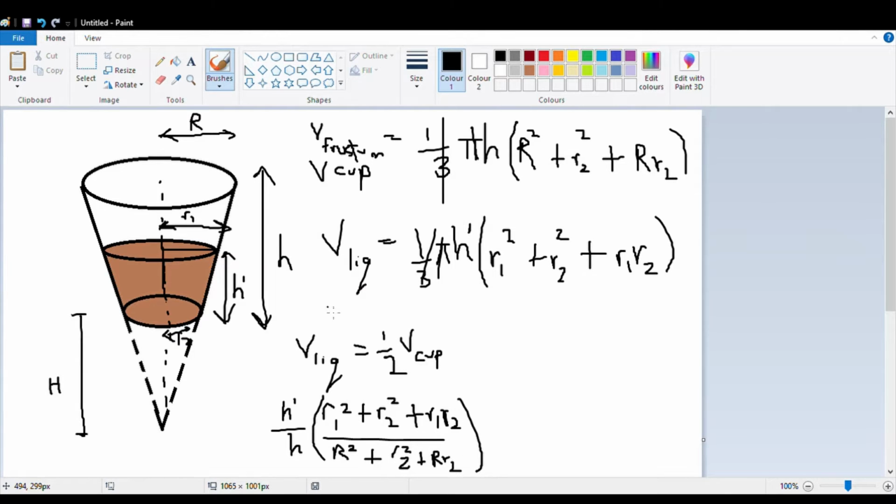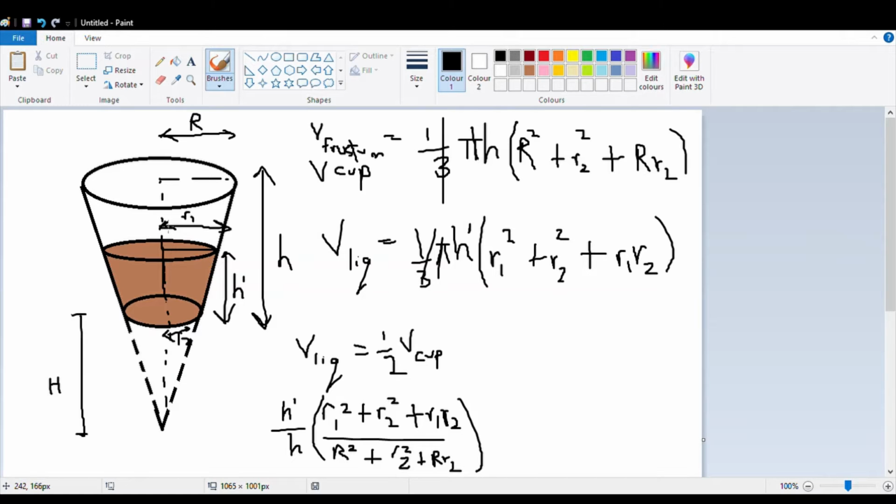Now there should be some way to derive the relation between the heights and the radiuses, because we have this big triangle and this smaller triangle. Since these are part of the same cone, they will be similar triangles, because the angles remain the same, a fundamental property of a cone.